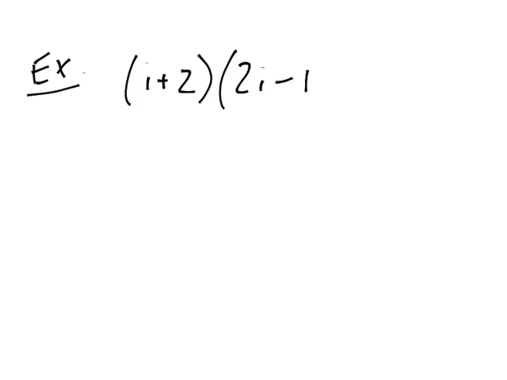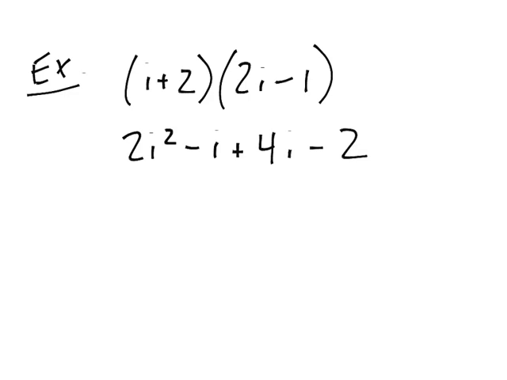Okay, one more property of these imaginary numbers. So what if we take this example, I plus 2 times 2I minus 1. Well, let's start off by FOILing this out. If I FOIL this, I'd get 2I squared minus I plus 4I minus 2.